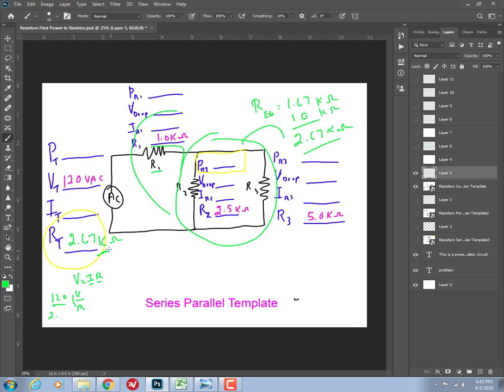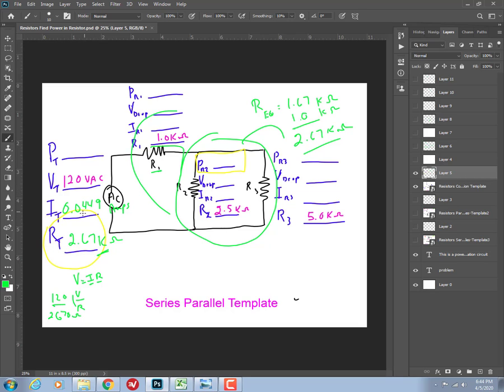Now we do have to convert because the answer has to be in amps. So that's 2,670 ohms. 120 divided by 2,670 is 0.0449 amps.